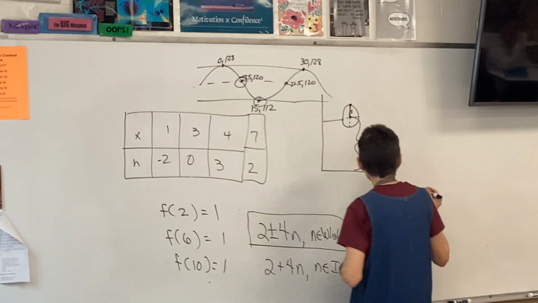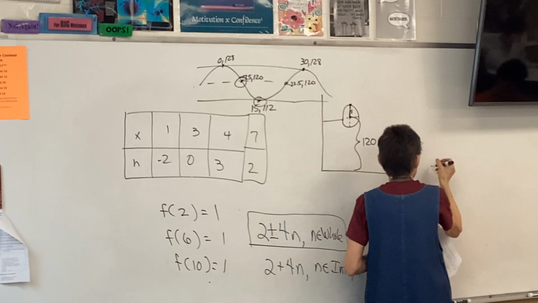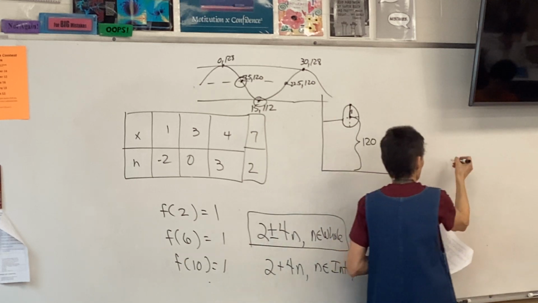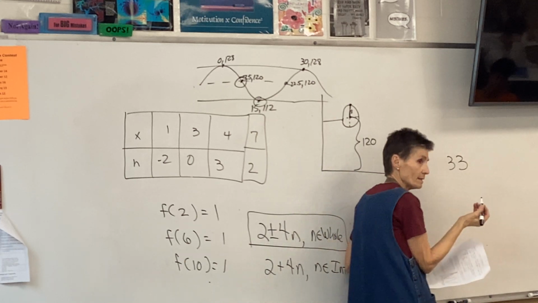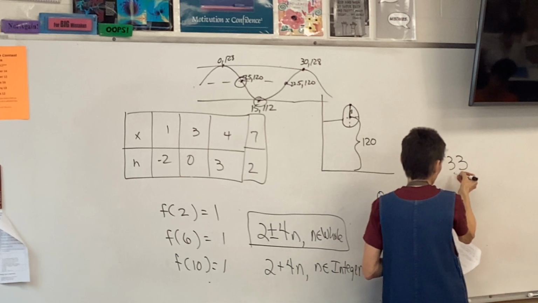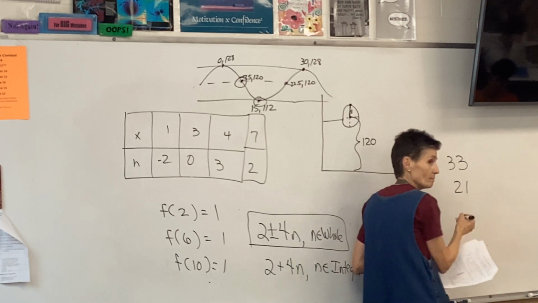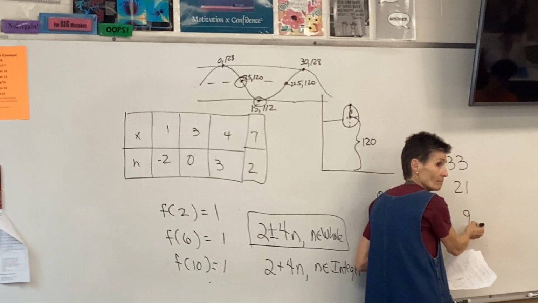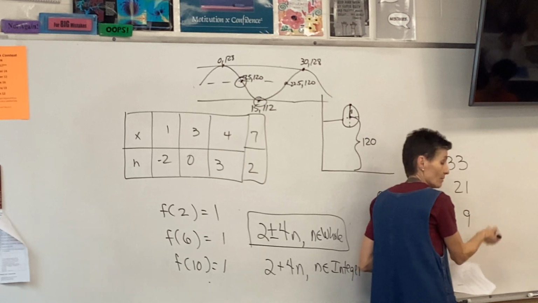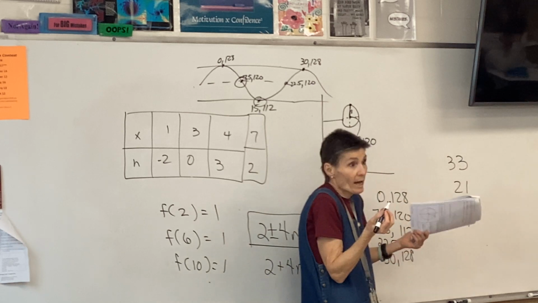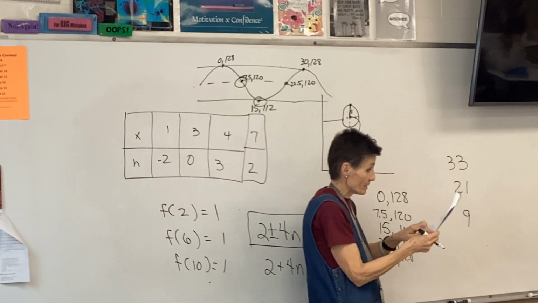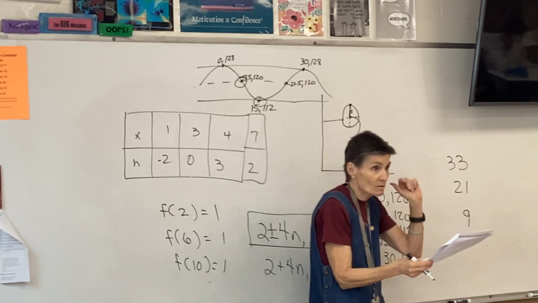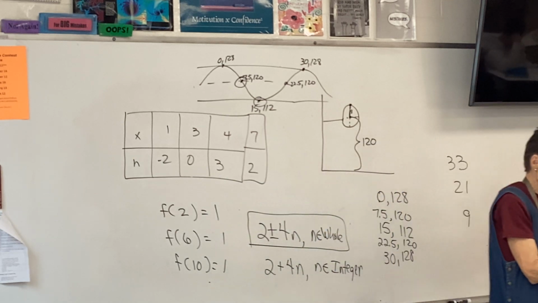Okay, well, I think you're on the right track. If we know that the period is 12, then whatever happens at 33 is going to happen at 21 and at 9 and at -3 if I had -3. So what happens at 3? At 3, I'm at 4. You're right. So whatever logic you had, it was fine.